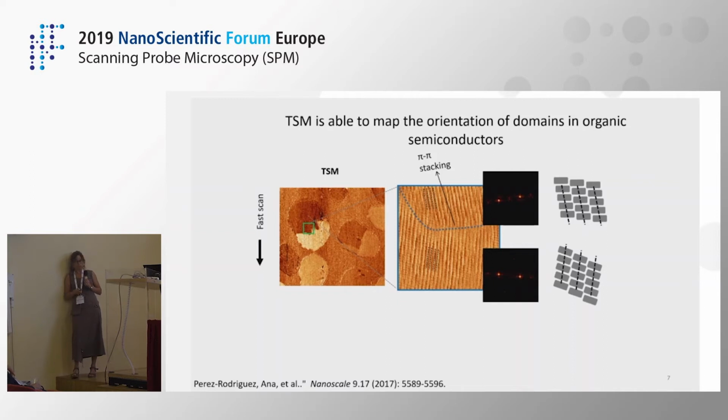So this demonstrates that the signal of the transverse shear that we obtain in the torsion measuring by transverse shear microscopy is useful to map the orientation of the domains and is related with the orientation of the in-plane unit cell relative to the scanning direction.